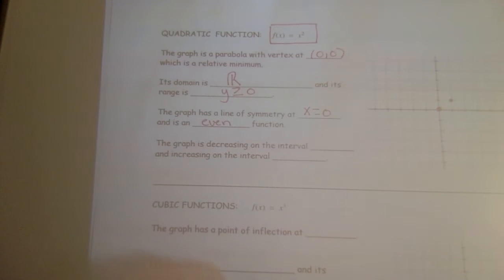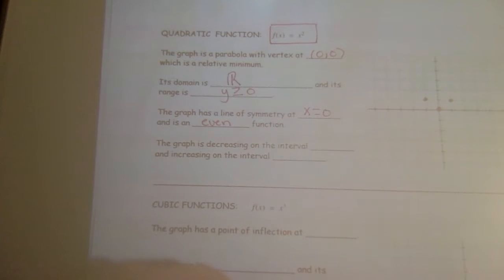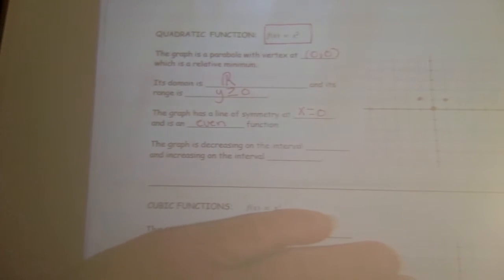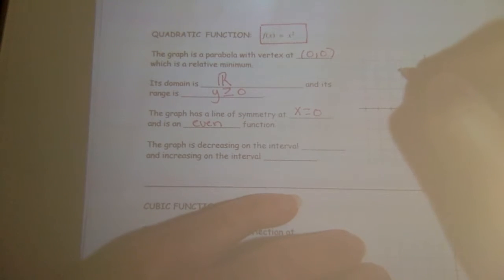What happens when x is negative 1? y is still 1. What about 2? When x is 2, y is 4. And when x is negative 2, y is still 4.